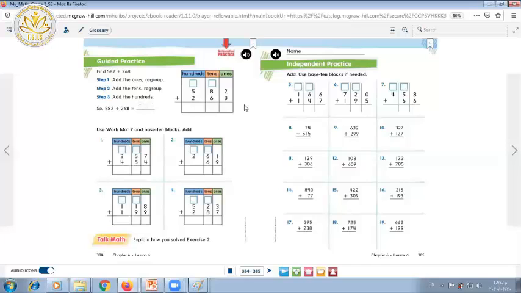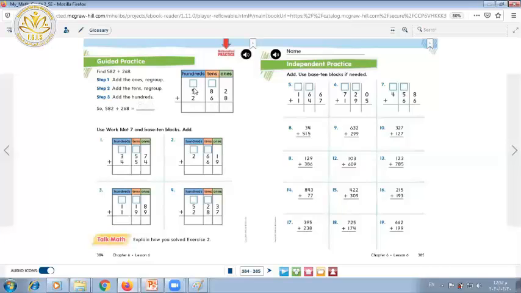Again, it's 5 tens and 10 tens. The 10 tens makes a 100. So we put the 5 with the tens and the 100, that's right, we put it with the hundreds, of course.